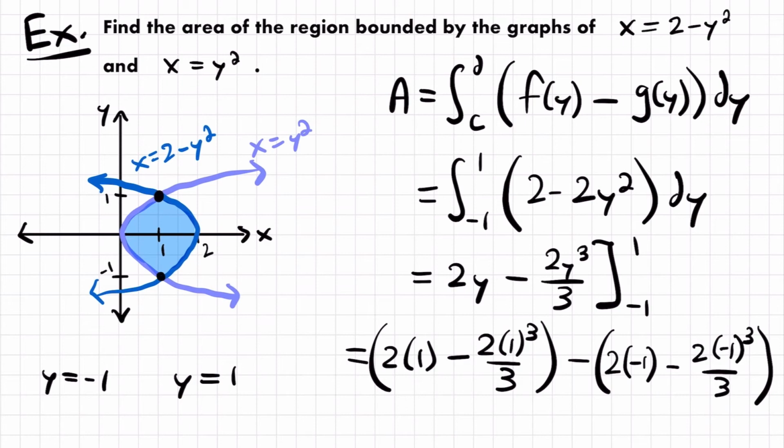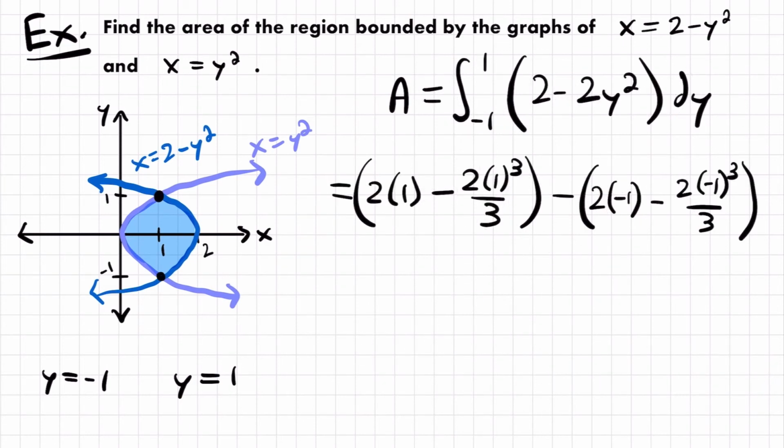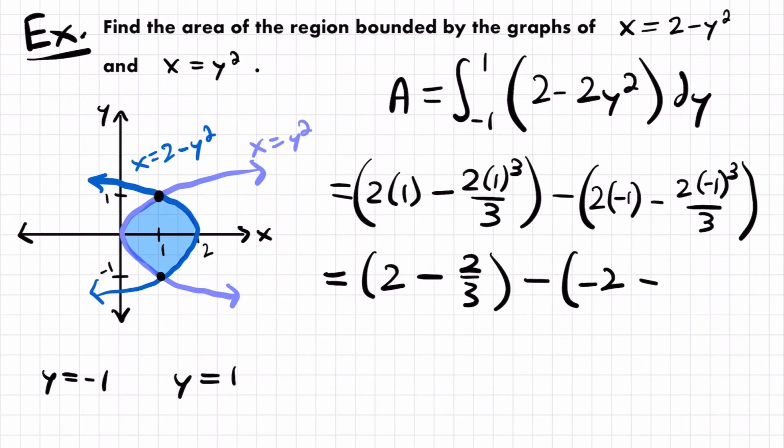And so if we clean up our work here, we can simplify, and this will be equal to 2 minus 2/3, and then we will subtract -2, and then subtract 2 times -1, because -1 cubed is -1, so we'll have -2 divided by 3. But these two negatives will cancel out, and so what we'll actually have here is plus 2/3.